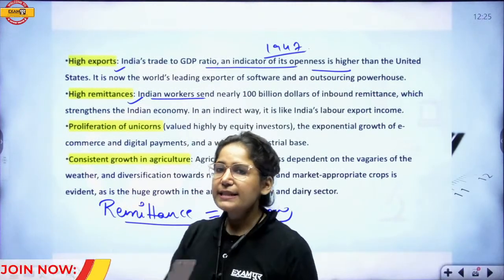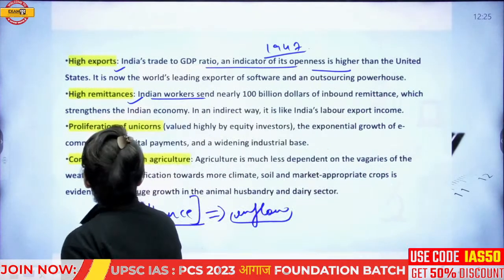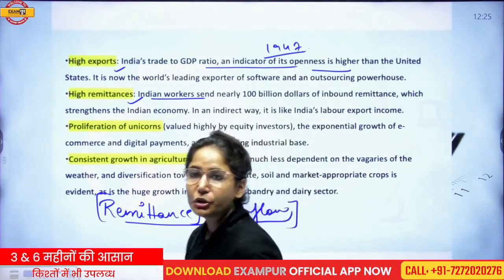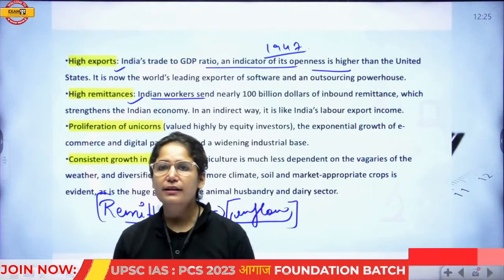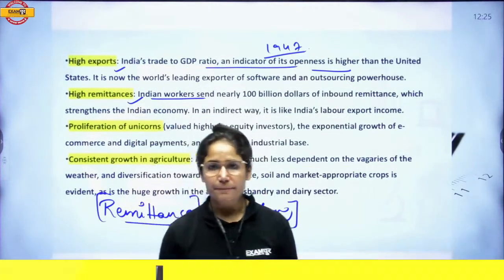Getting my point? This is what we are trying to elaborate over here. You have to consider this as inflow, and the USA has acquired the topmost position after the UAE.